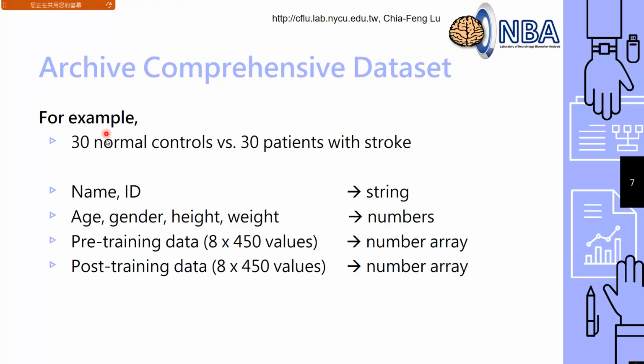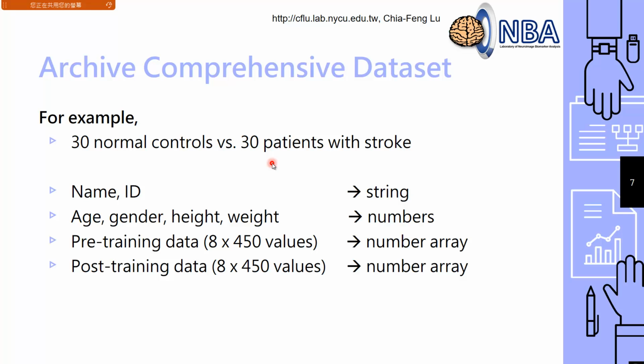You collect the data from 30 normal controls, or sometimes we say healthy controls, healthy subjects right here. But also this study, you are going to compare the patient data with the normal case, right? So you will also have 30 patients, for example, with stroke, okay?